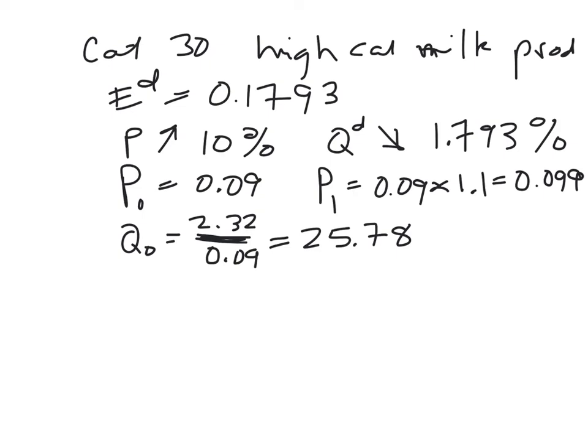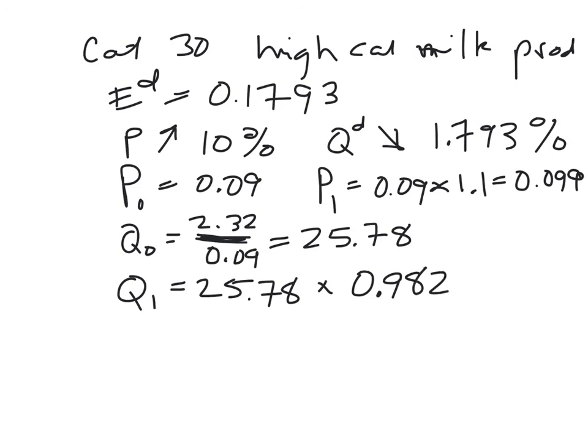All right, well, what's going to happen to quantity? Quantity, the new quantity, is going to be that old quantity, 25.78, less 1.793%. The way we get there is subtract from 1, we take 0.01793 away from 1, and I'm going to round a little bit here, but I take that original quantity and multiply by 0.9821.